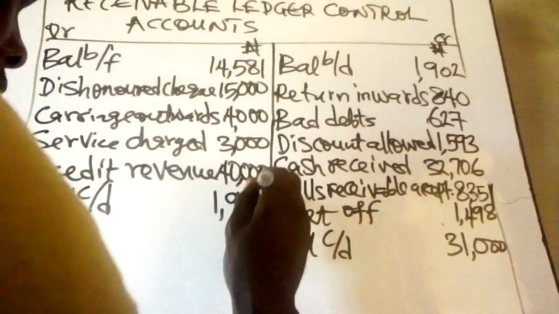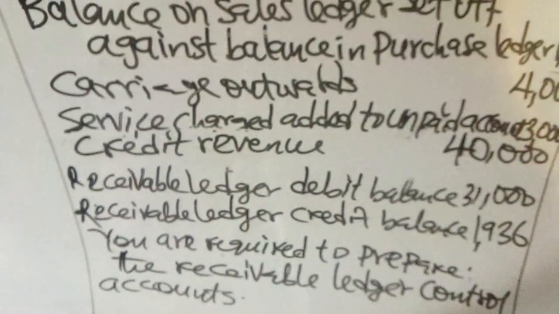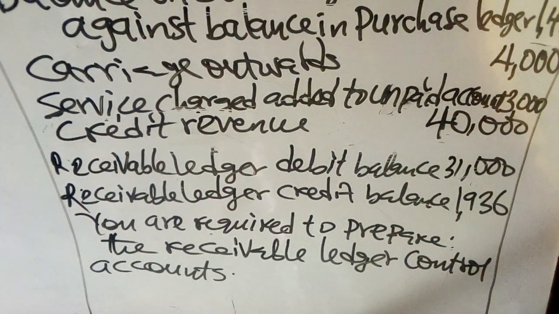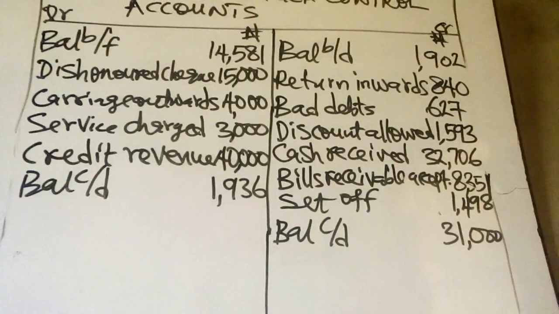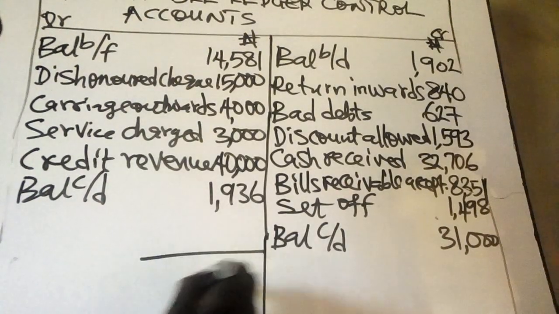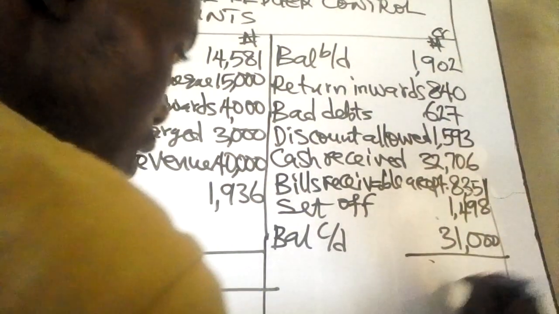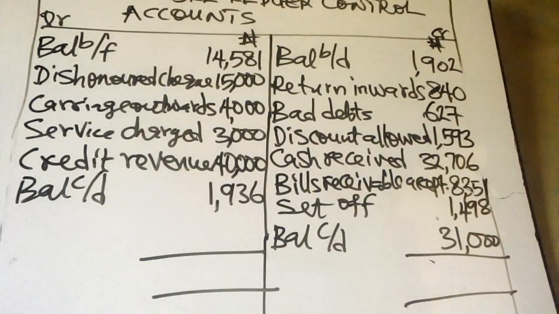So, since everything has been posted accordingly, the next thing is to cast. That is, you add up the debit side in order to ascertain the total of the debit side. Then you also add up the credit side in order to ascertain the total of the credit side.